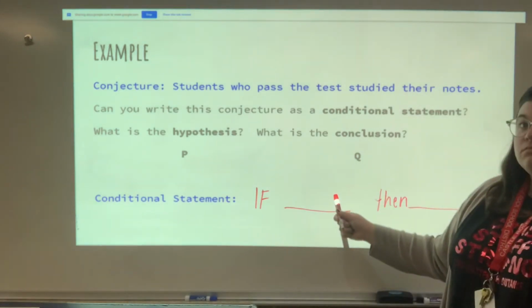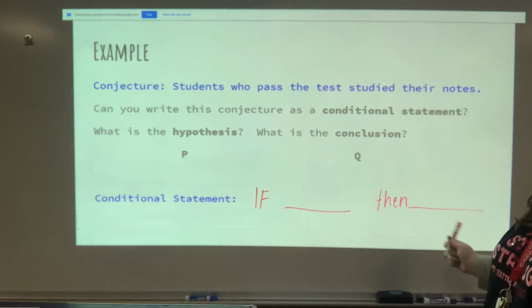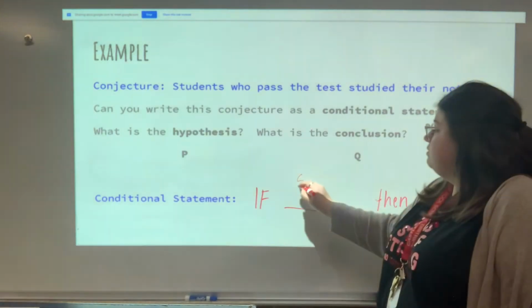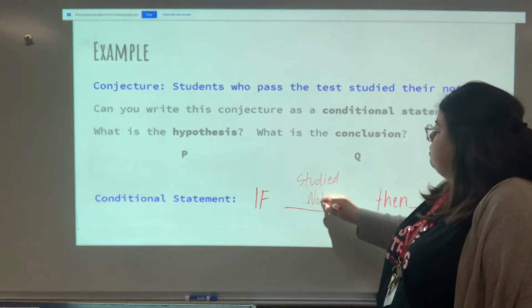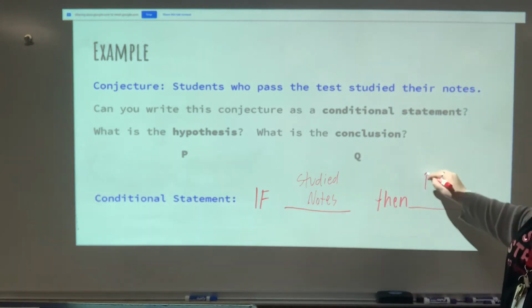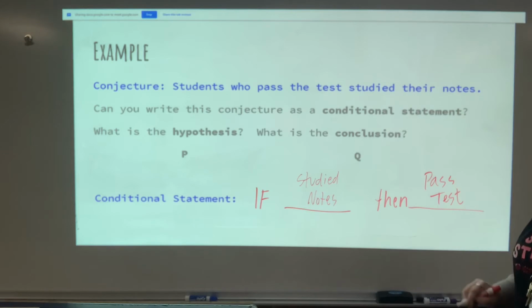If you studied your notes, then my conclusion is you passed the test. And I could see it go the other way as well. If you passed the test, then I can conclude that you studied your notes. So either way I think is fine. Go ahead and get one of those down.